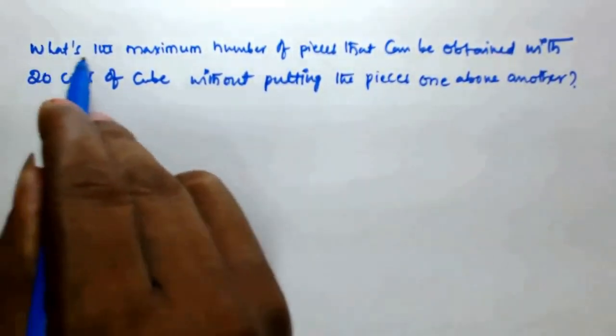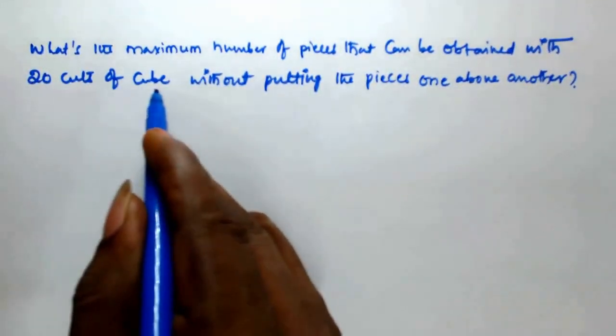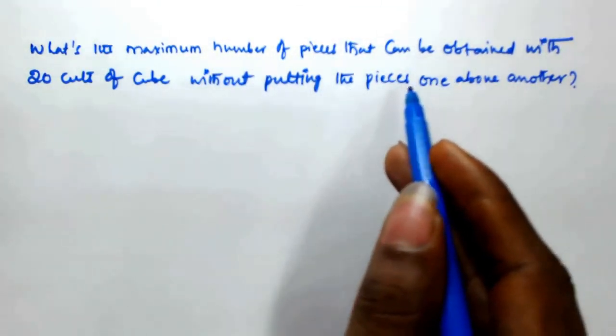Okay, so the question is, what's the maximum number of pieces that can be obtained with 20 cuts of a cube without putting the pieces one above the other?